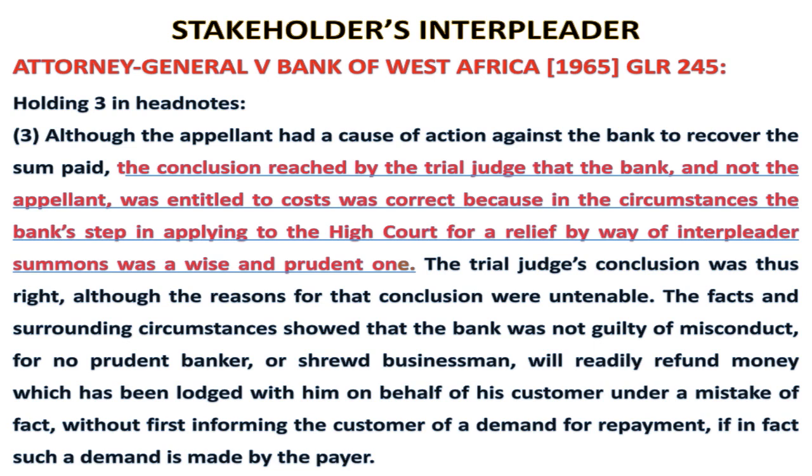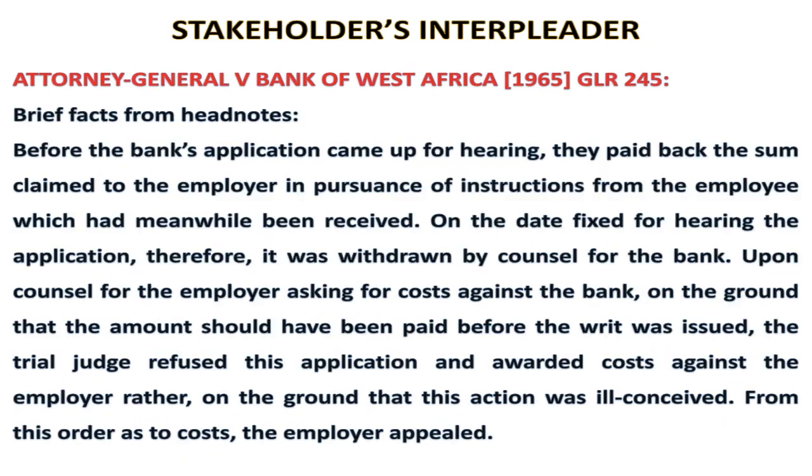What are we seeing from this case? This case is a case in which a bank has received an amount of money, and the person who paid the money is saying that the money was paid wrongly. And the bank says that they want to find out from the customer first. They haven't heard from the customer, and you sue the bank.